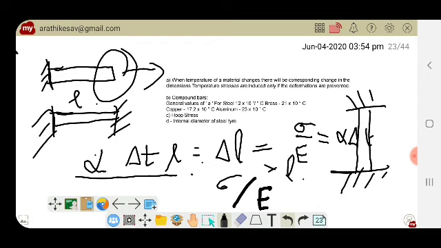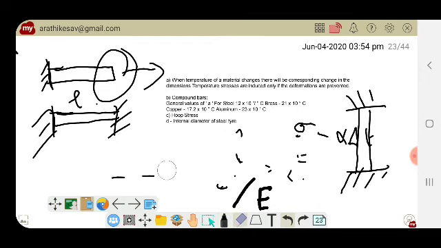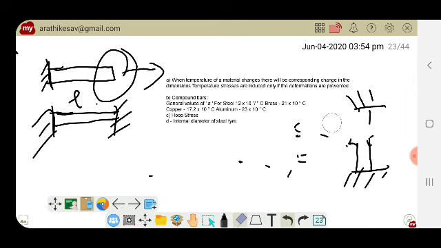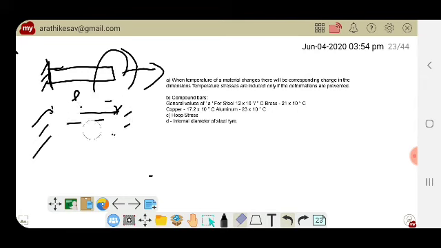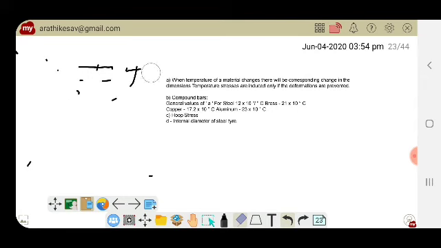Now the next thing is compound bars. We have already seen composite bars, where two or more materials are fixed in series.